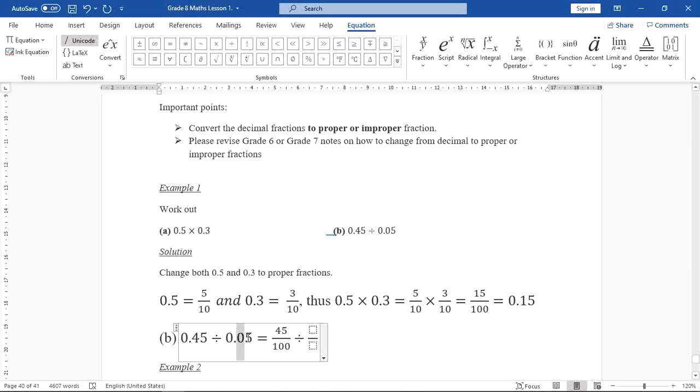Again, we have two digits after the decimal point, so that's going to be 5/100.